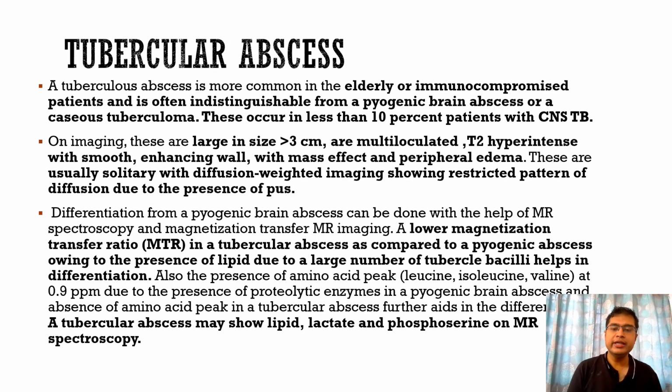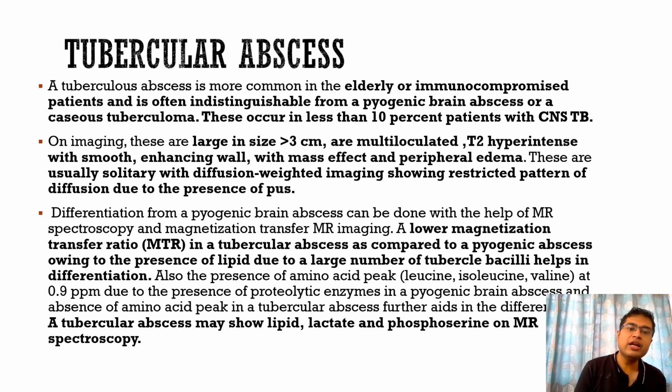An important differential diagnosis is tubercular abscess, and how do we differentiate it from a granuloma? Less than 10% of patients with CNS TB have tubercular abscess as a presentation. Secondly, the elderly and the immunocompromised patients are usually prone to developing tubercular abscess compared to a normal patient suffering from tuberculosis.